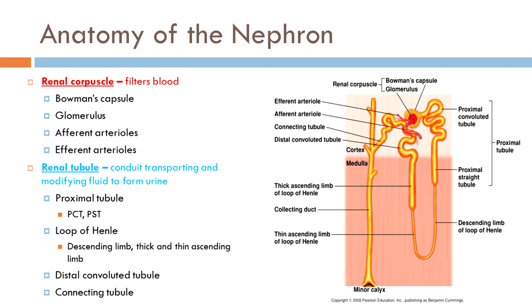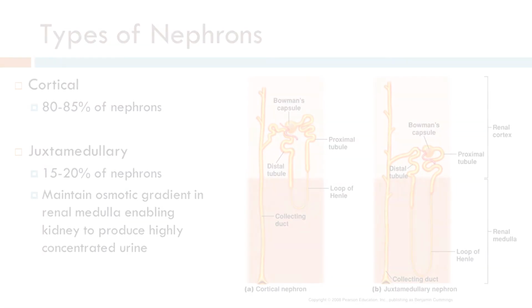Then we have afferent arterioles bringing blood into the capsule, efferent arterioles moving blood away from the capsule. Then we have the renal tubule, which extends from the capsule through the proximal convoluted tubule, loop of Henle, distal convoluted tubule, and collecting duct. And then we have multiple peritubular capillaries, which are associated with the renal tubule.